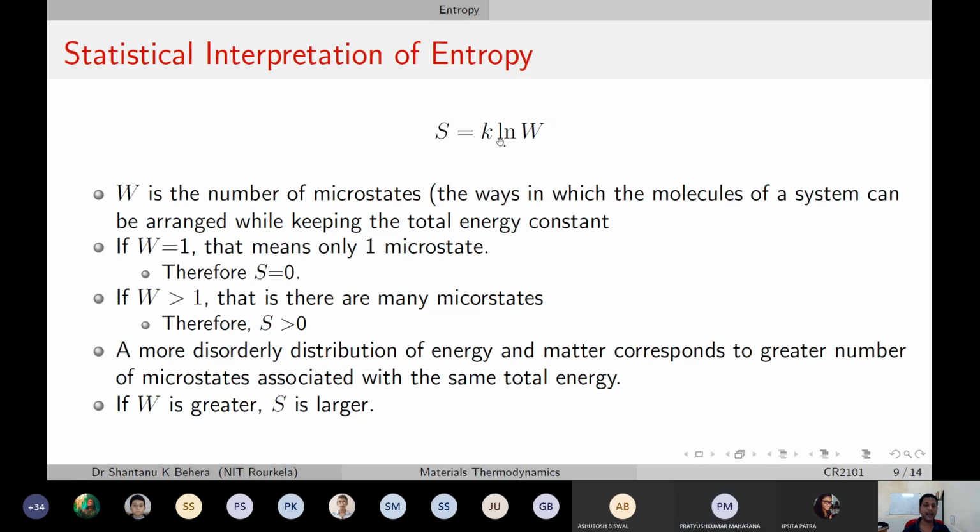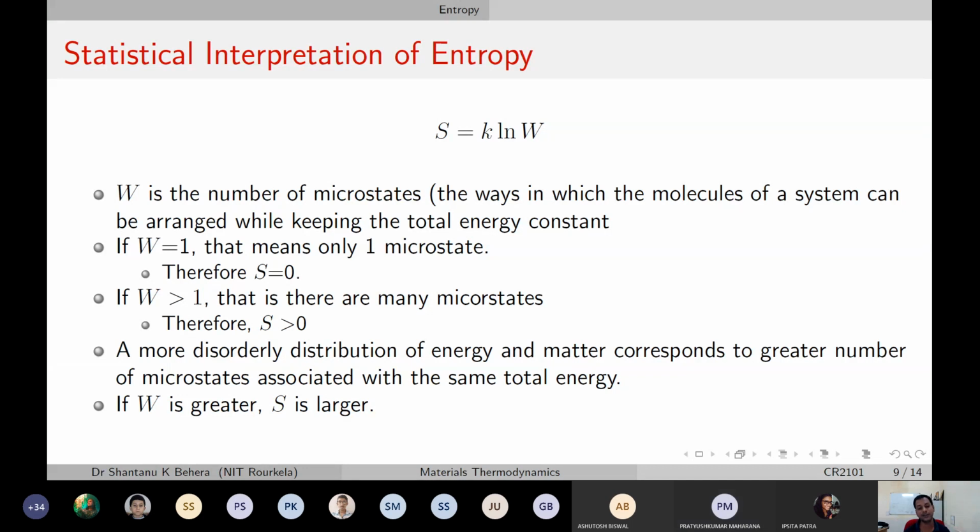So this is entropy, and what it says is that W is the number of microstates in a material. What do we mean by the number of microstates? It means the number of ways in which the molecules of a system can be arranged while the energy remains constant.